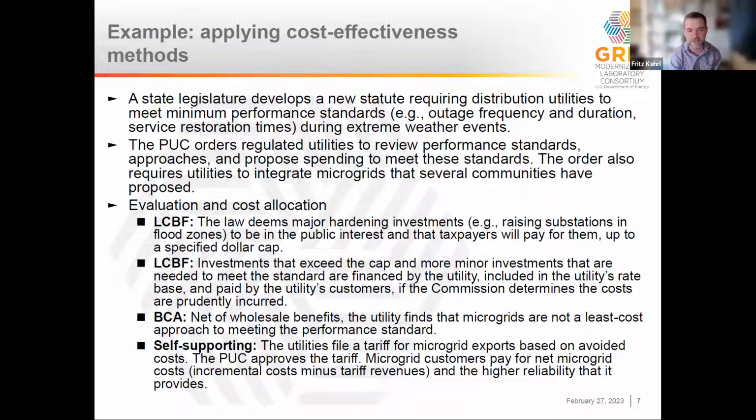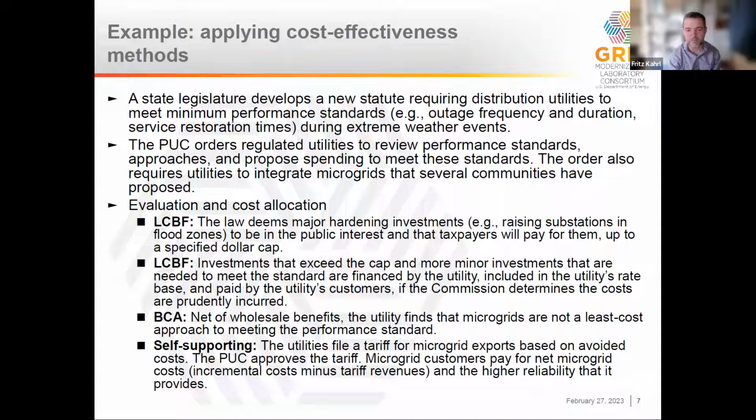Instead of having all customers fund the microgrids, the utilities create a microgrid tariff that compensates microgrid customers for the wholesale benefits they're providing to the rest of the system. Microgrid customers are going to pay for the net cost of the microgrid, again, the cost of the microgrid minus any wholesale tariff revenues that they get from the tariff.